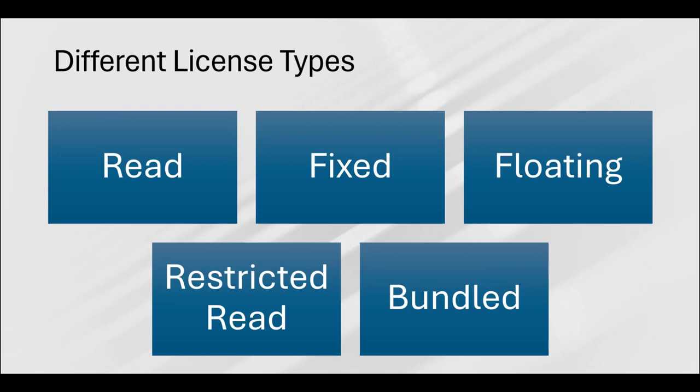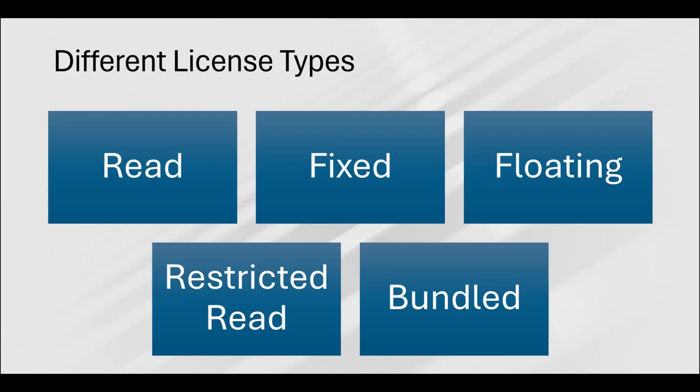Nobody else can use this license. So once you get a fixed license, it is dedicated to you, tagged to a user. This is basically a license which gives you write permission on forms or on any operation you do on BMC Remedy.